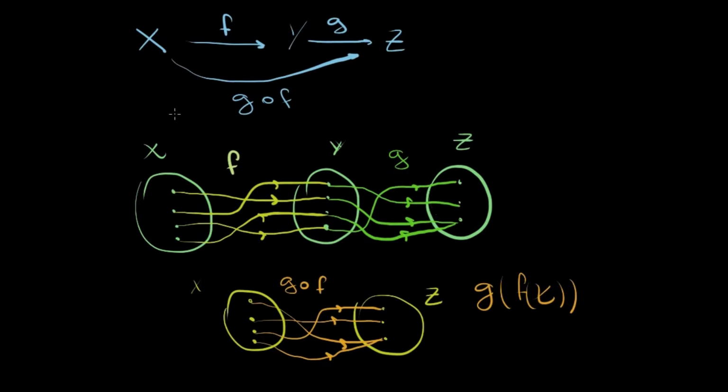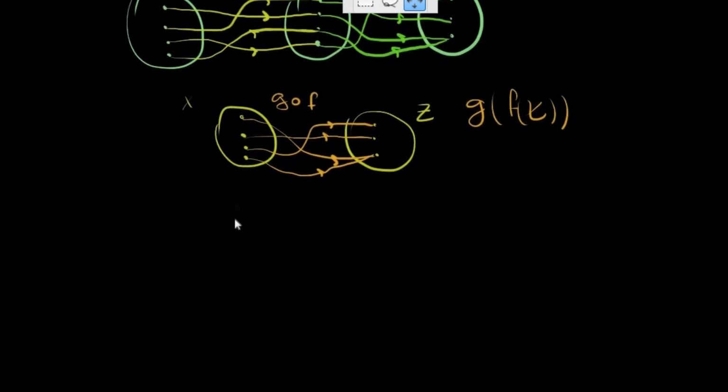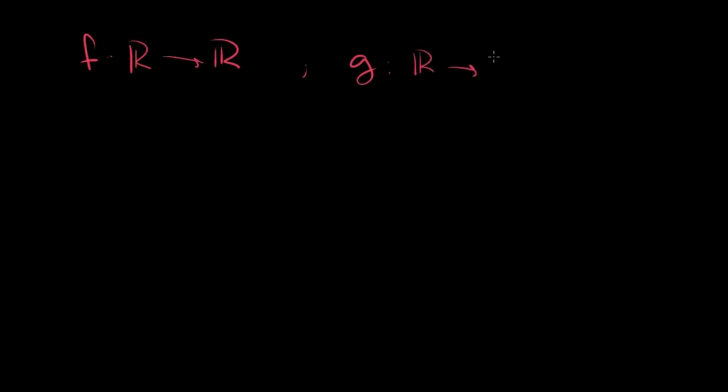Okay, so let's try and do this with an example. An example with real functions, not just Venn diagrams. So I'm going to define my function f as a function that goes from the real numbers into the real numbers, and g is also a function from real numbers to real numbers.